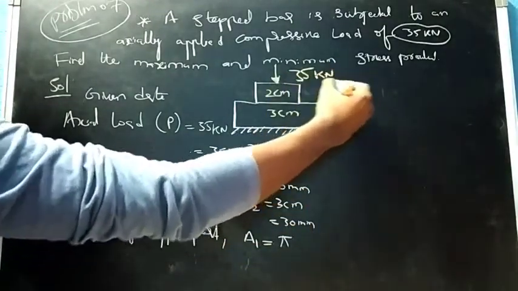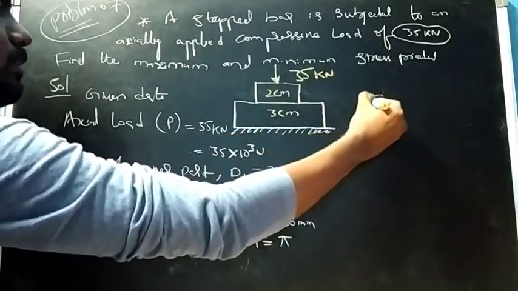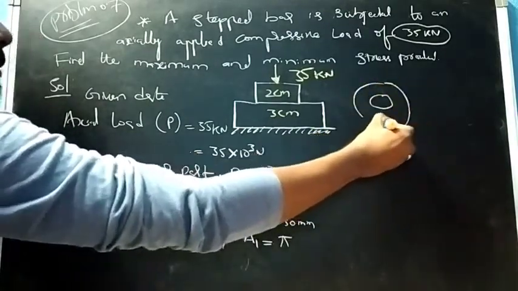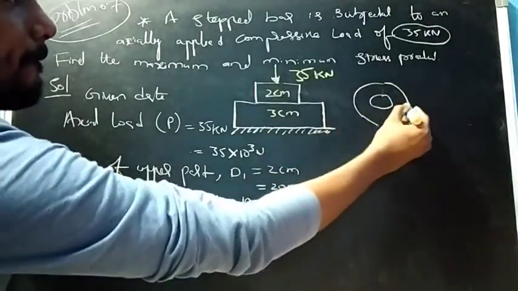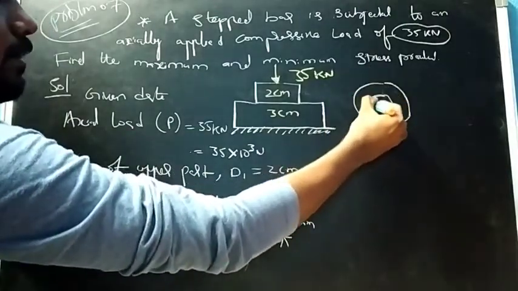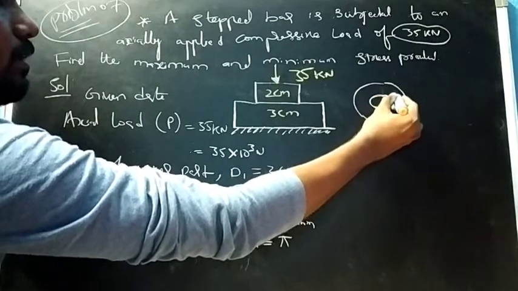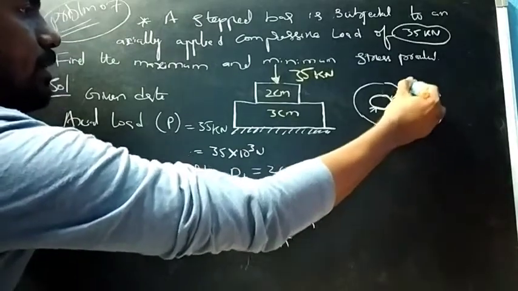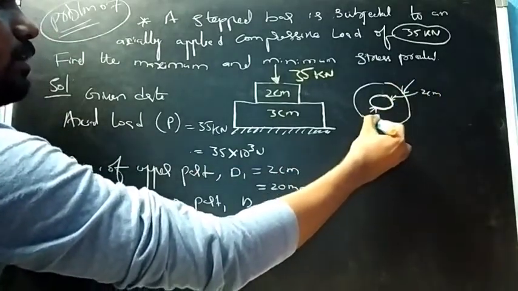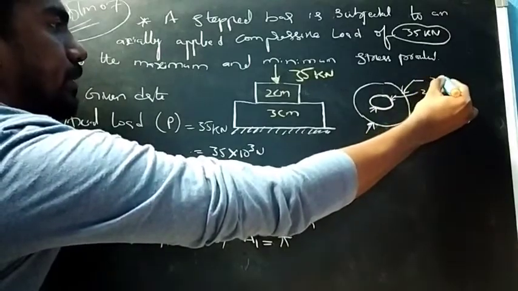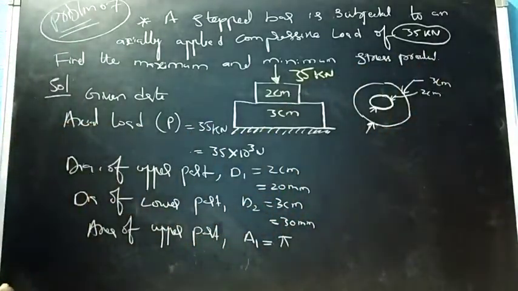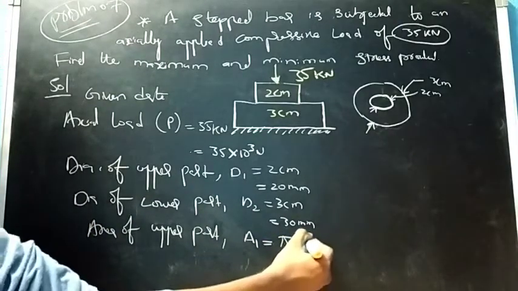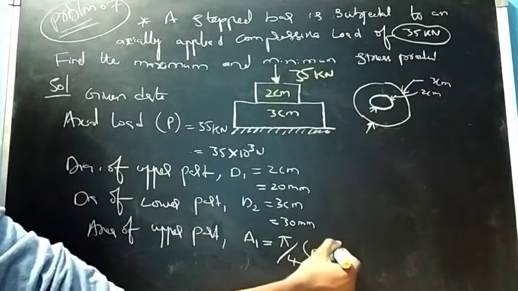So if you see the top view, it will be somewhat like this. Right? Diameter of this is given, that is 2 centimeters, and diameter of the lower part, that is 3 centimeters. Right? So it is a circular section, the area will be pi by 4 d square, that is pi by 4 d1 square.